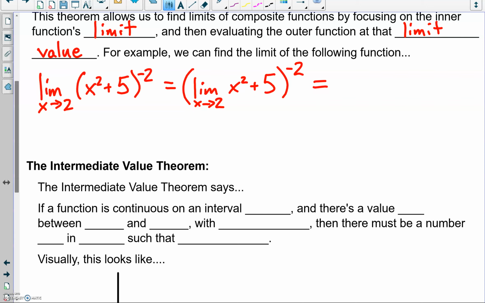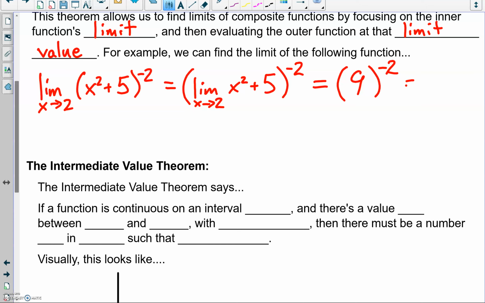So let's see what we get here. For x squared plus 5, I can use direct substitution. 2 squared is 4, plus 5 is 9. And we have this 9 to the negative 2 power. So if we thought of the outer function as x to the negative 2, which is 1 over x squared, 1 over x squared is continuous at 9.